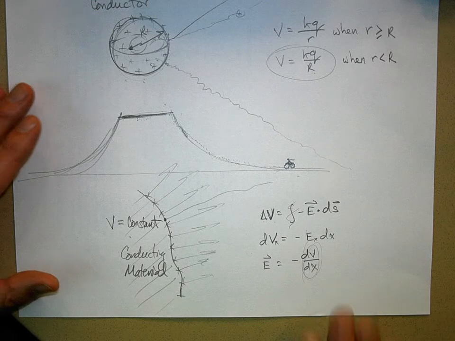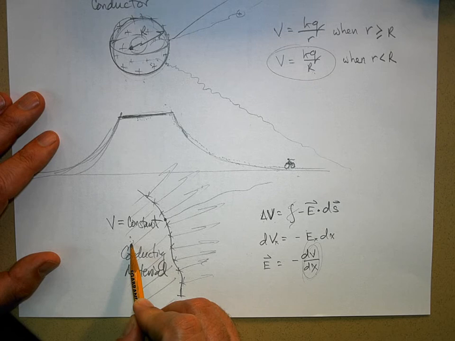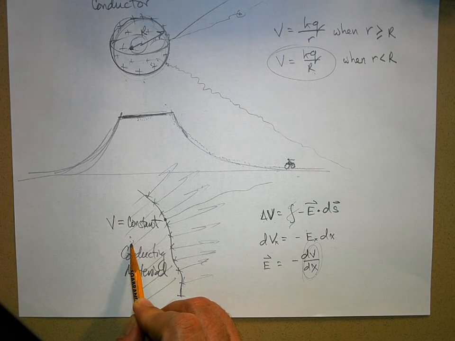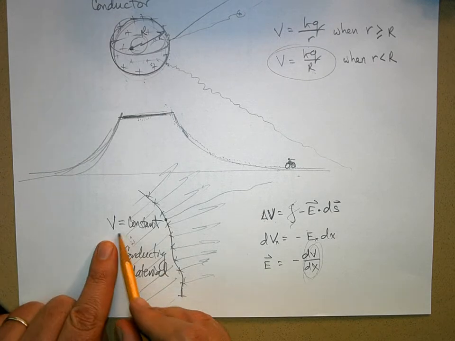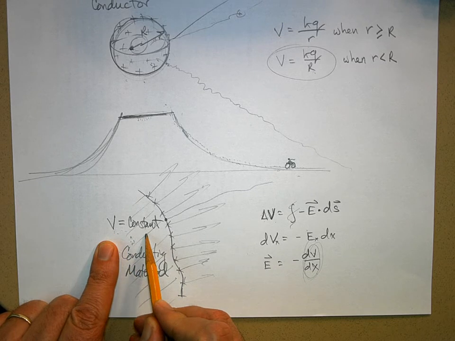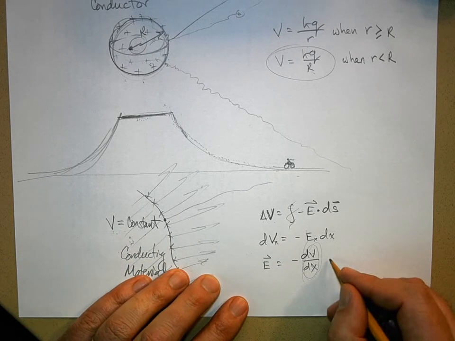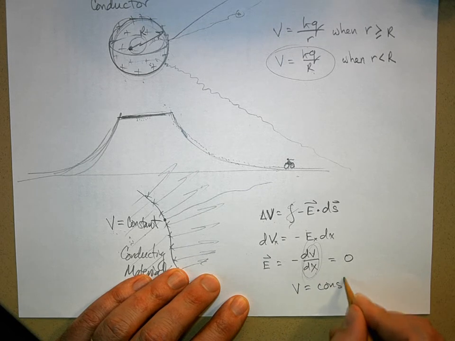But here's something else that's very cool. What do we know the electric field is like inside a conductor? We said the electric field inside a conductor is 0, right? Well, the derivative of what is equal to 0? A constant. The voltage inside a conductor is constant. Because the E field is 0, V equals a constant inside a conductor.